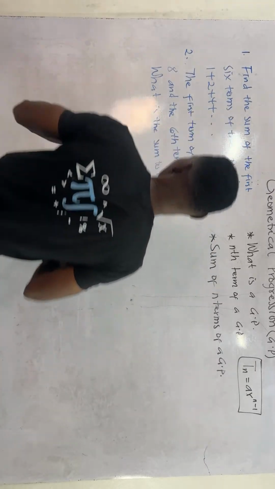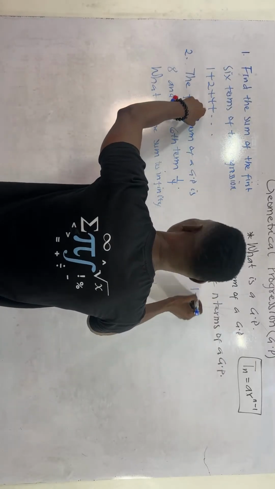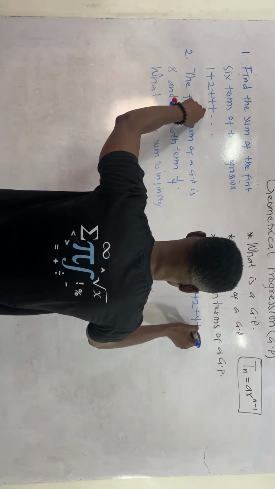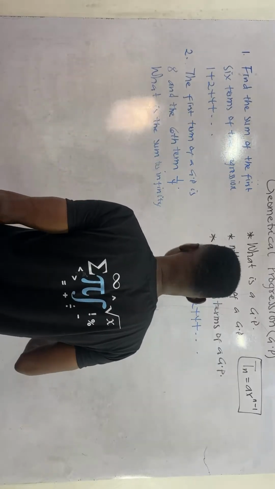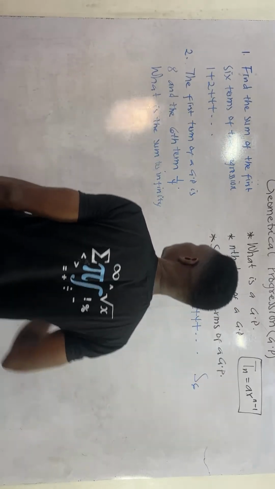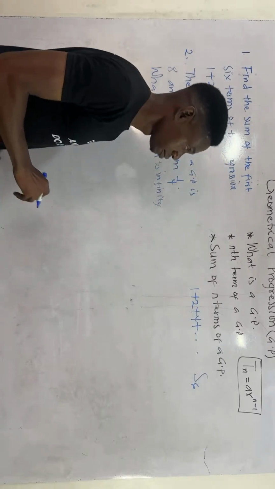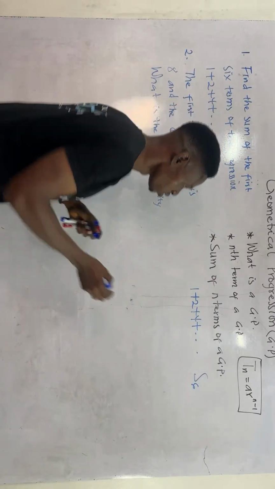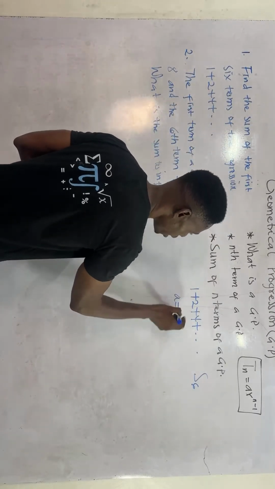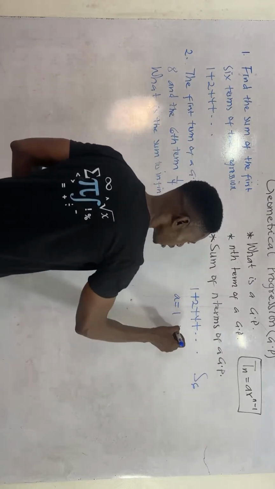Okay, so this first question, we have 1 plus 2 plus 4 plus dot dot dot, and we're looking for the sum of the first 6 terms, right? Now, what's our A in this case? Our A is 1, obviously. What is our R?